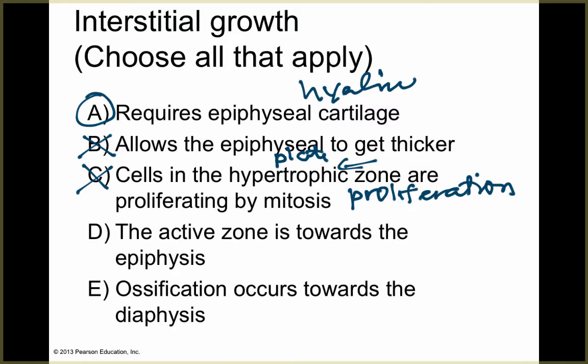Hopefully this is me just seeing if you know what the different zones are, right? There is no active zone, essentially. There is a proliferation zone, which is talking about growth, and there's a calcification or ossification zone, but there's no such thing as essentially an active zone. Ossification occurs towards the diaphysis, and that would be correct, right?